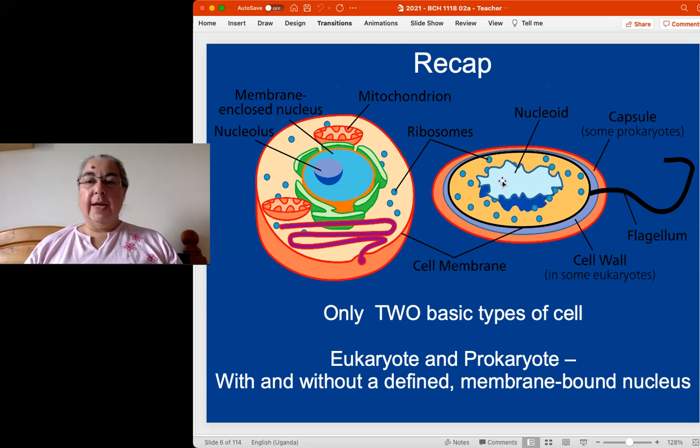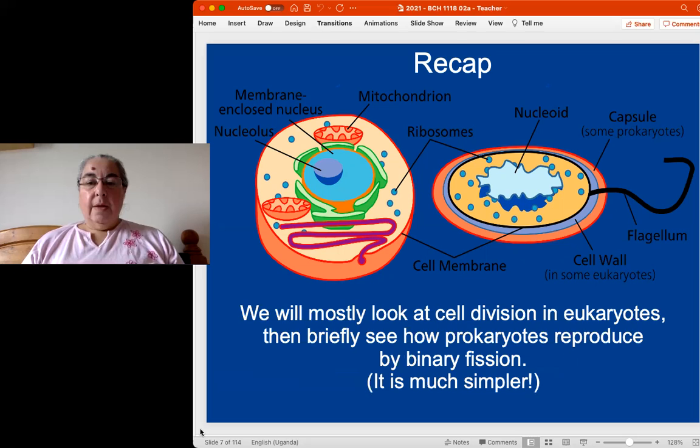In prokaryotes, the genetic material is free in the cytoplasm. So today we're going to be talking about eukaryotic cells and how they are able to divide. We'll look next time at how prokaryotes divide. It's a process called binary fission, and it's a simpler process than eukaryotic cell division.